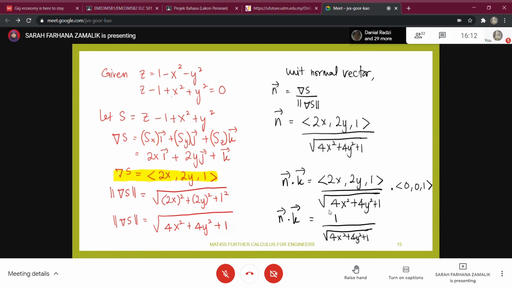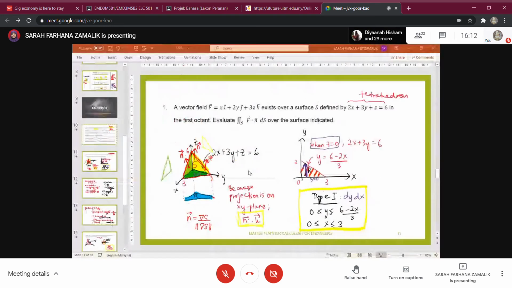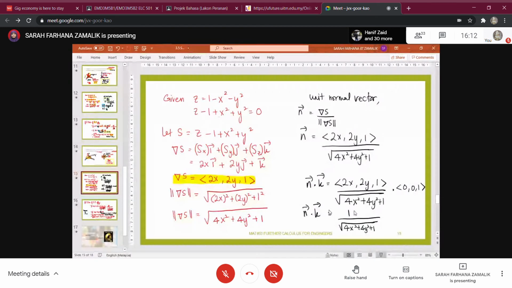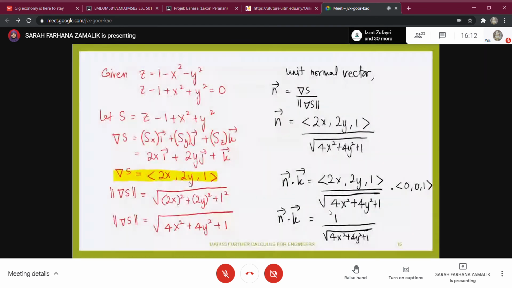Example tadi saya guna i, j, k. In this example, sama je, you can write your gradient S. The component for your i, j, k here: 2x, 2y and 1. Okay, component for i is 2x, component for j is 2y, component for k is 1.